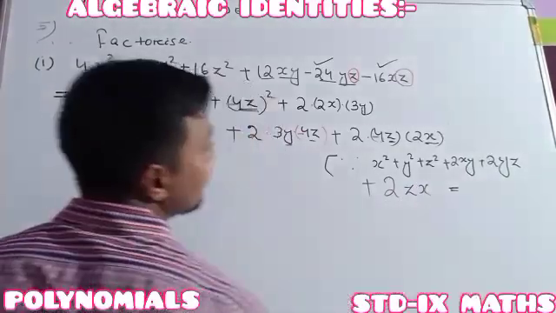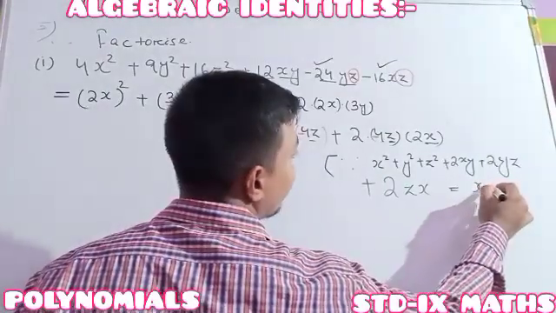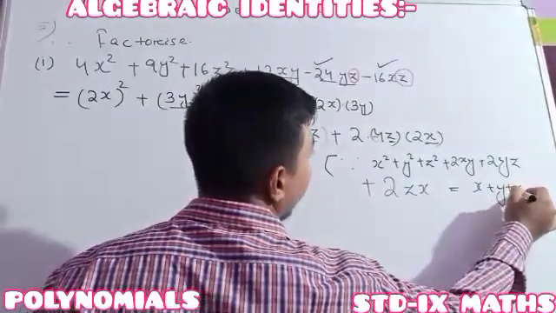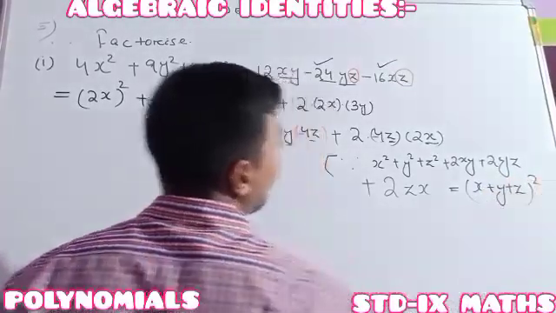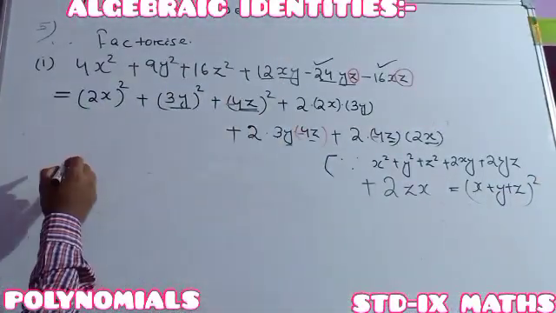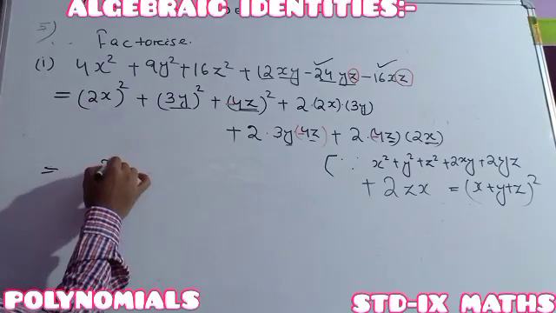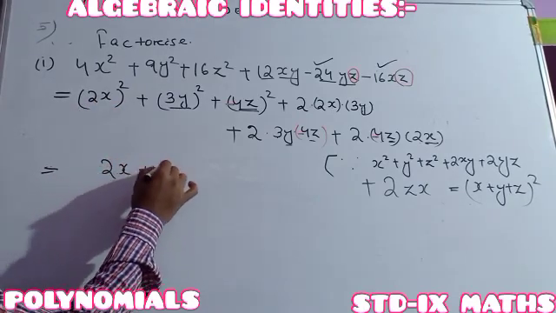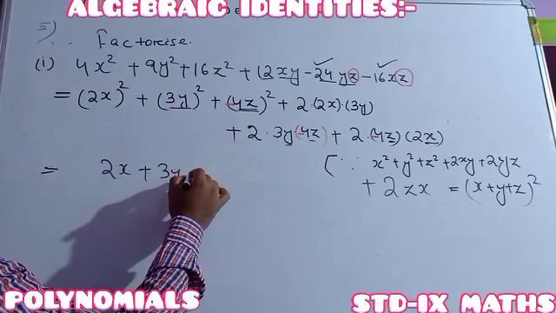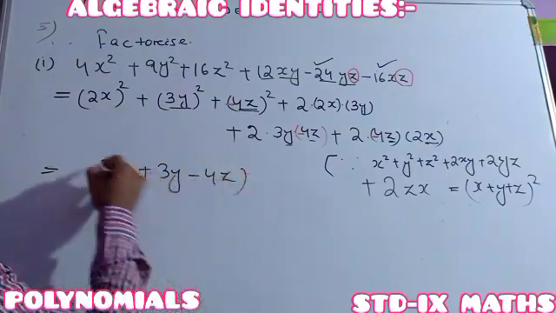So whose factorization form is x plus y plus z its square. So where is the x? From this, where is the x? x means 2x, y means 3y, z means here it is minus 4z its square.